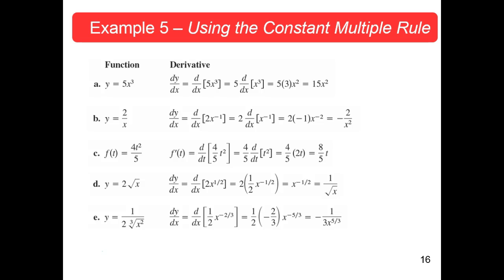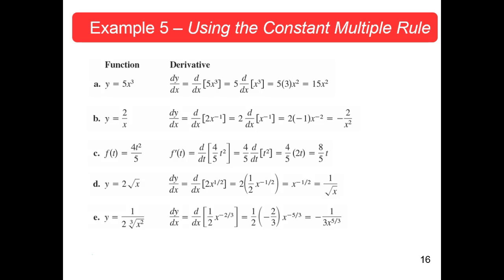That would be x to the 2/3. That would be 1/2 times 1 over x to the 2/3. But you still have the x in the denominator, so it would be negative 2/3. Yes. Okay, it would be y is equal to 1/2 x to the minus 2/3.